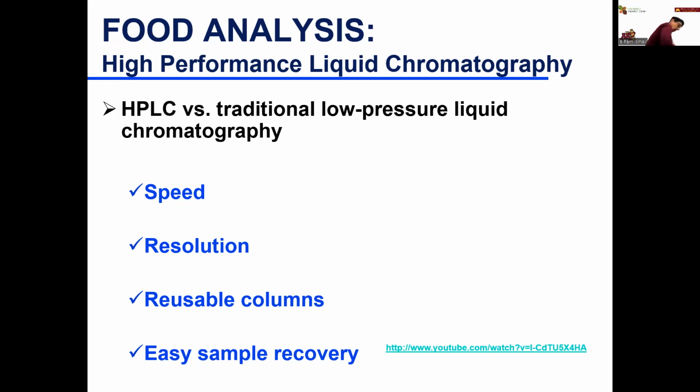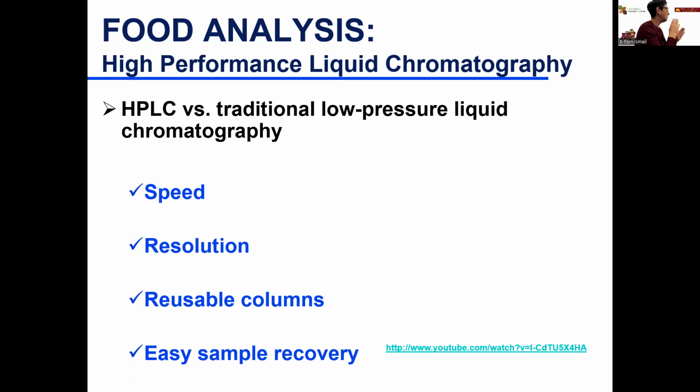Another thing about packed columns is that you can reuse them for a long time. If you take good care of them, you do the conditioning of the column, as we call it, based on manufacturer recommendation. After you run, let's say 100 injections, you just wash the column, clean it, regenerate it, and then it will last you a long time.